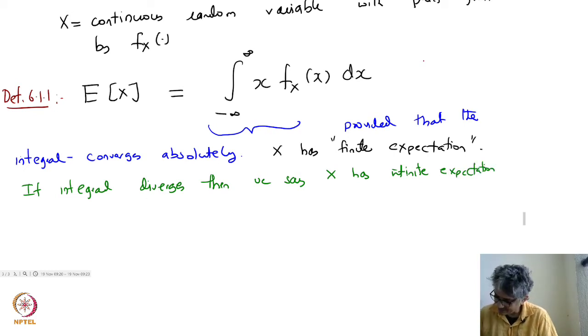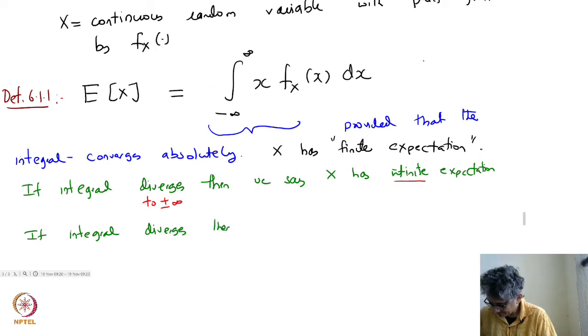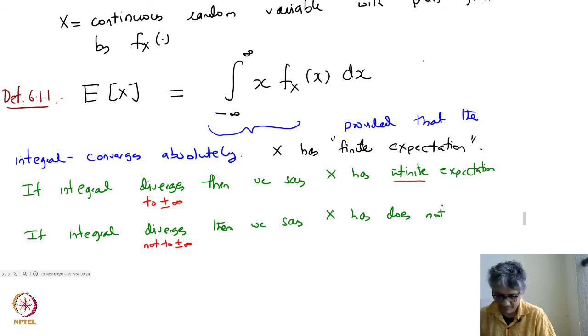Otherwise, if the integral diverges, not to plus or minus infinity, but just doesn't converge, then we say X does not have expectation, or a better way of saying it, E of X is undefined.